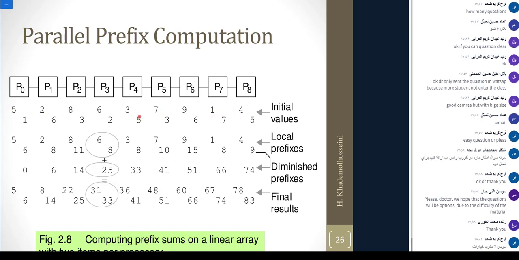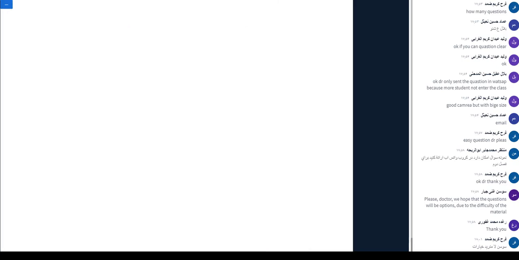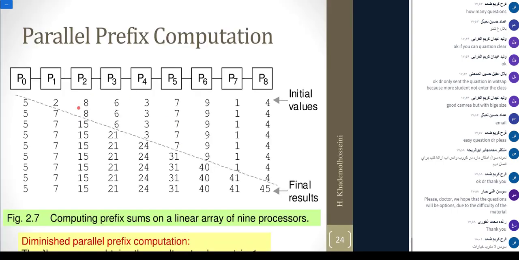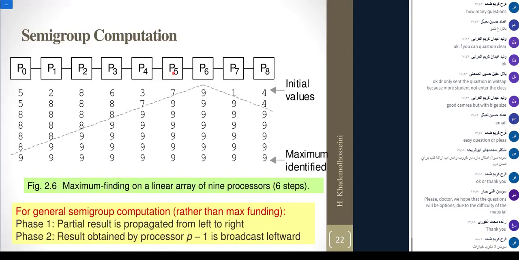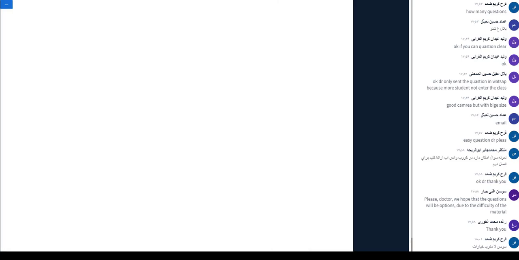Then I will ask you to compute prefix sums on the linear array. You act exactly like this, but the numbers are different. And again in semigroup, we can have different initial values and run the semigroup computation on it.